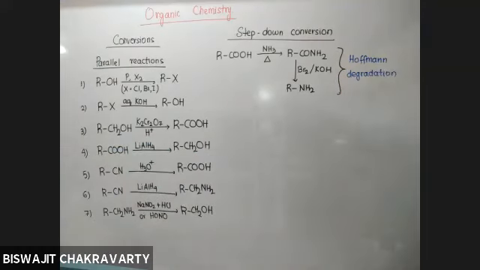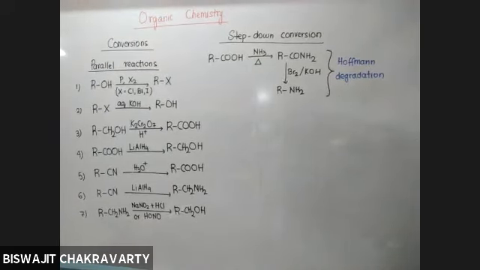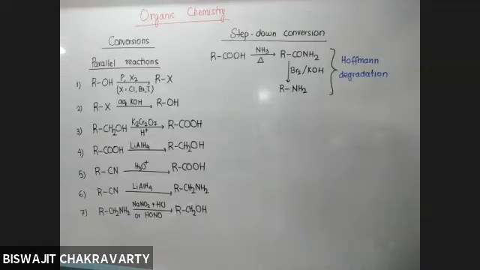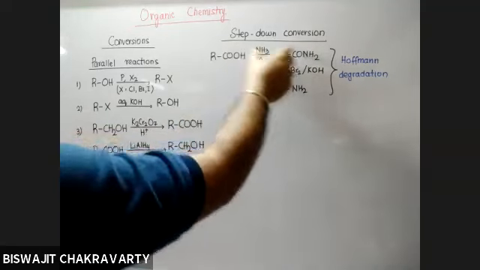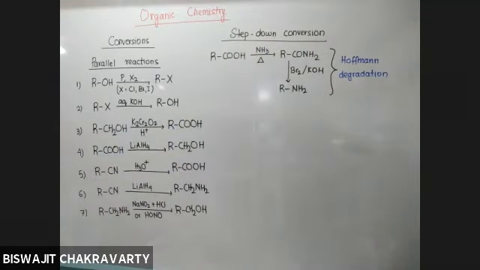Hoffman degradation means that if you are asked to decrease the number of carbon atoms by 1, then somehow you have to convert that given compound to carboxylic acid. For that, the parallel reactions are in front of you. After carboxylic acid has been prepared, convert it into amide by heating with ammonia. Thereafter carry out Hoffman degradation, where amide is treated with bromine and KOH.